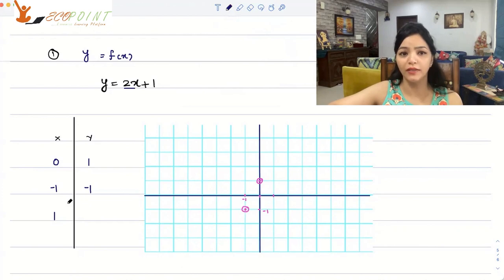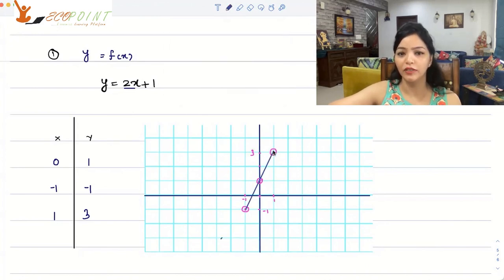If x is 1, then y turns out to be 2 times 1, that is 2, plus 1, that is 3. On the Cartesian plane, it would look like x is equal to 1 here, and y is equal to 3 units out here. So that means we're talking about this point. Now, in order to graph, you join all these points.